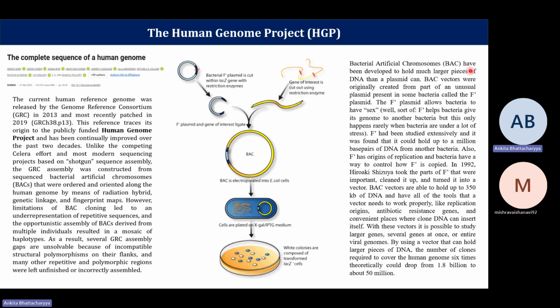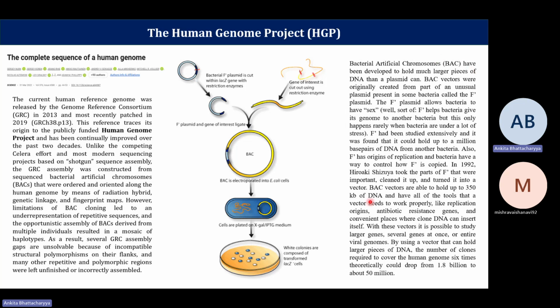F prime had been extensively studied, and it was found that it could hold up to 1 million base pairs of DNA from another bacteria. That gave the first clue that this can work as an excellent vector system. In 1992, Hiroaki Shizuya took the important parts of the F prime plasmid, cleaned it up, and turned it into a vector.